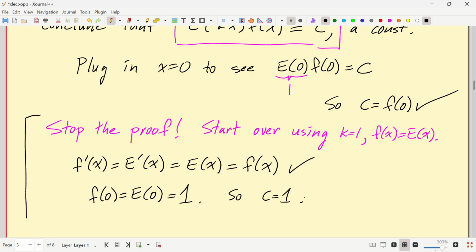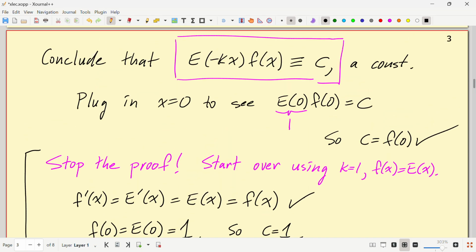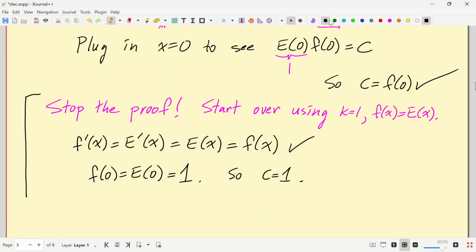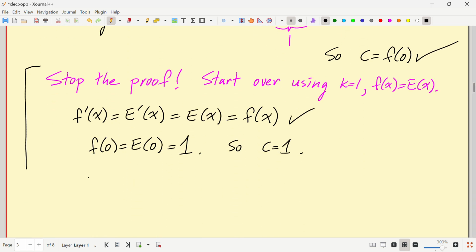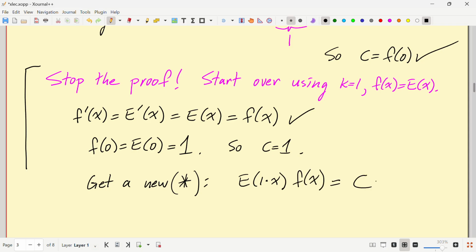And now I'm going to get that thing in the box. I'll call it star. I get a new star, which is e to the 1x times my f of x is equal to c, which is 1.